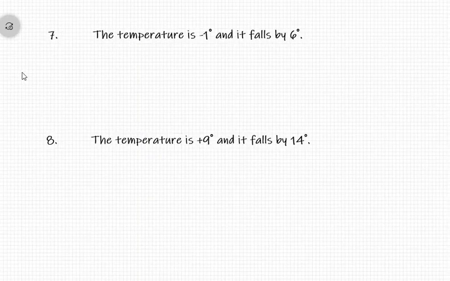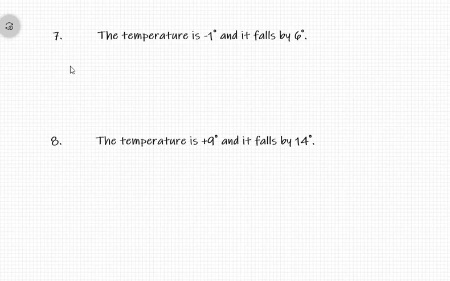Question number 7, the temperature is minus 1 degree and it falls by 6 degrees. So I am writing minus 1 degree and it falls means minus 6 degree. Both have the same sign, so we will put minus and add up. So the new temperature will be minus 1 minus 6, so minus 7 degree.